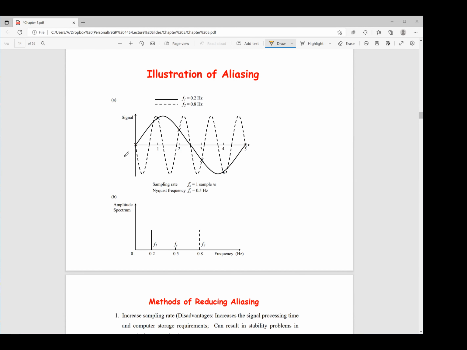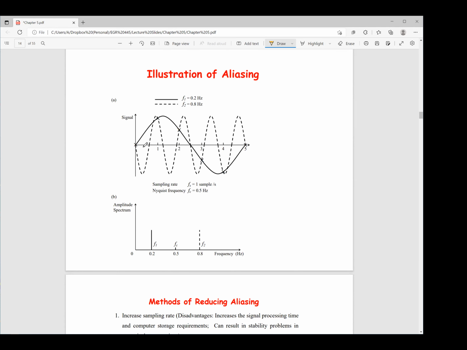So aliasing is something that you would observe in a signal, something like this. Check this out. We have this baseline signal, which is at 0.8 hertz. And I sample it at a lower sampling frequency, which is at 0.2 hertz.